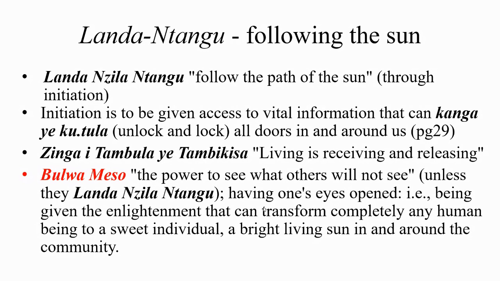Everything that you do, like this is all metaphor talk, but this is why the sun is the symbol of the human being in Congo tradition and many other traditions in Africa.